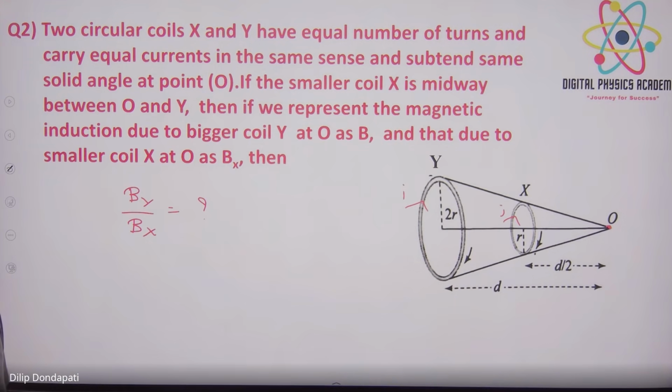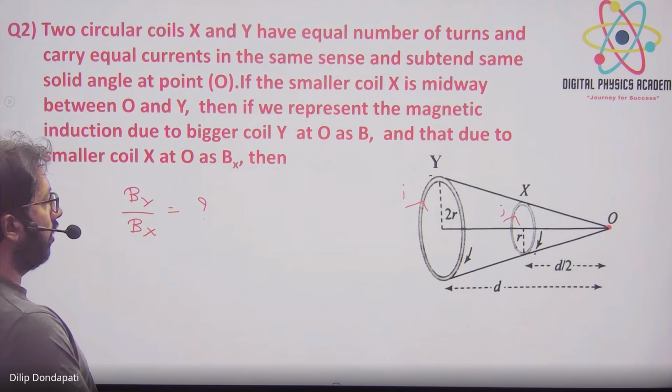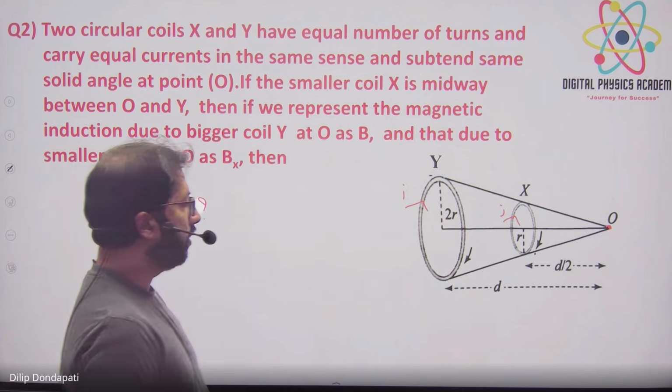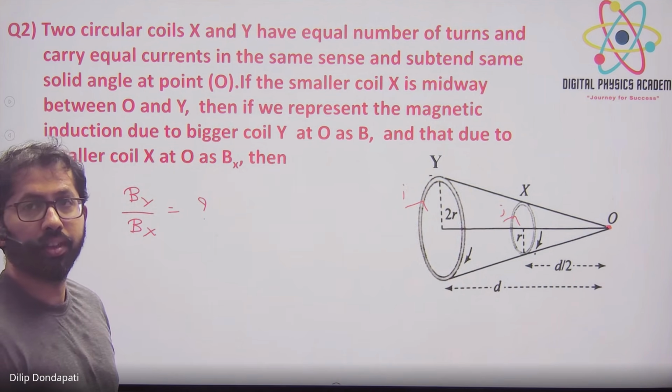So 1/2. Yes, 1 by 2 is answer. A is R and distance is D by 2, D. Sir, got it. 1 by 2 आया.